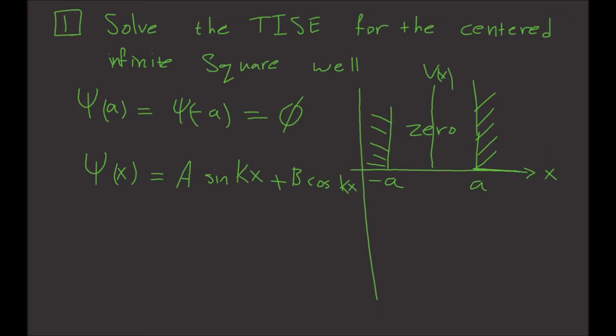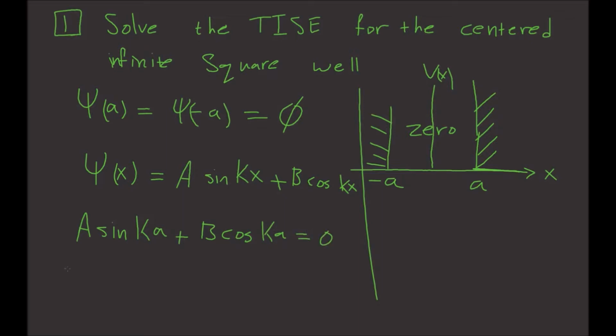Looking at the boundary conditions, we have a times sine of ka plus b cosine of ka equal to 0.